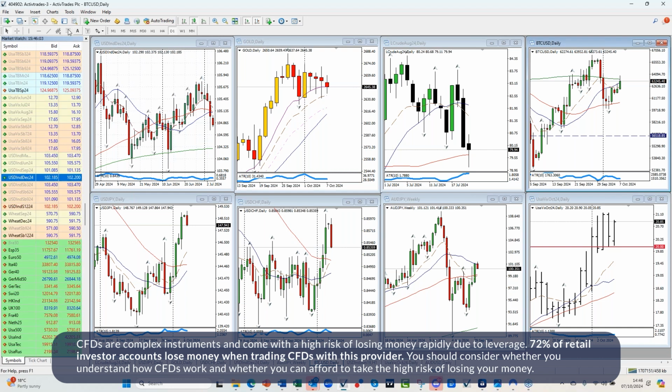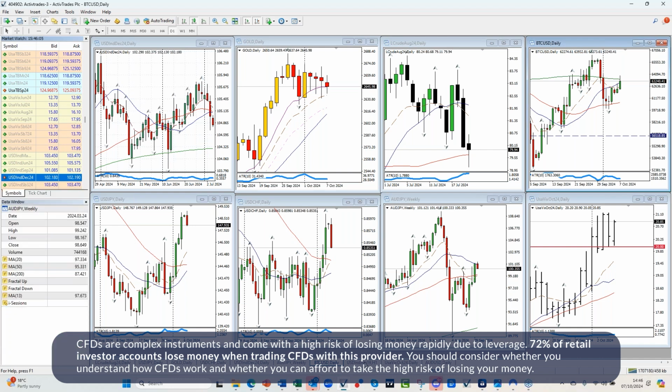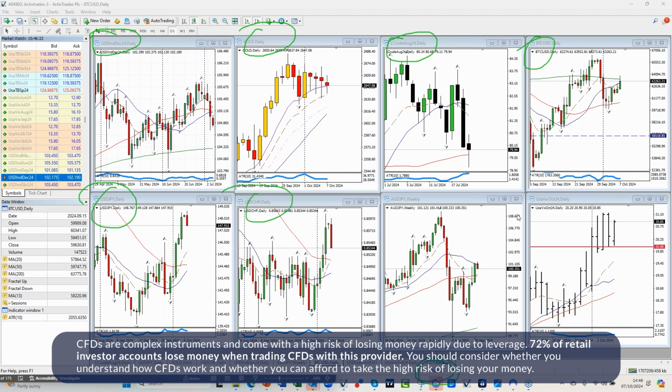Okay, so what I have here is a RORO profile. I saved it here, and what we've got is the dollar index, gold, oil, Bitcoin, dollar yen, dollar Swiss franc, Aussie yen, and also the VIX.